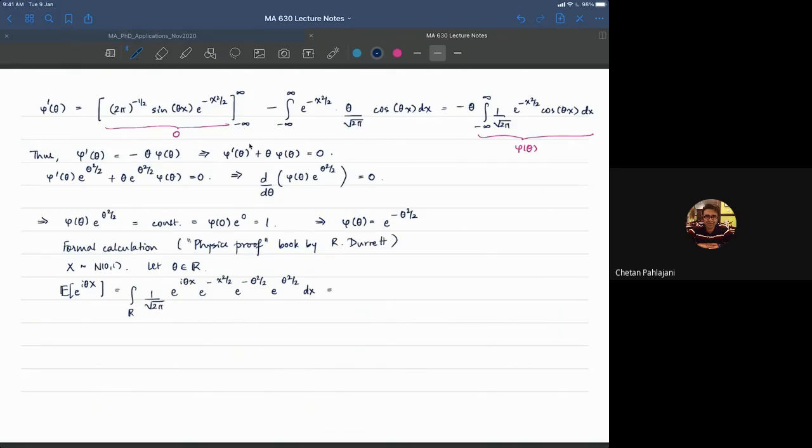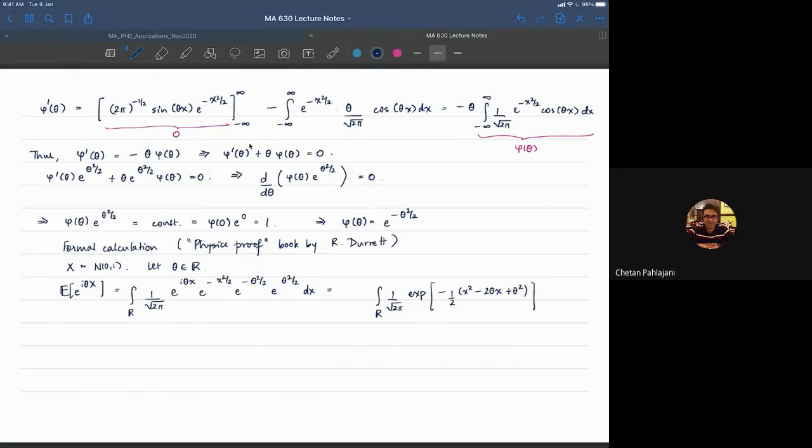Then this is going to be the integral over R of 1 over root 2 pi e to the minus 1/2 of x squared minus 2 theta x plus theta squared.